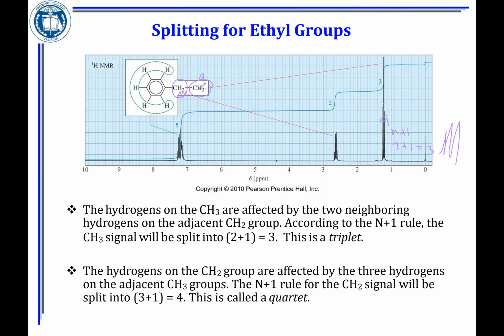For CH2, we have 3 hydrogens on the right side, but no hydrogen on the left side. Be careful with this. When you have a benzene ring, there is a hydrogen on each carbon, but when you have a branch, like an alkyl group here, you have to remove that hydrogen in order to add the CH3, CH2. So there is no hydrogen here. It is only 3 hydrogens, 3 plus 1, that is 4, n plus 1, and it's going to be a quartet.